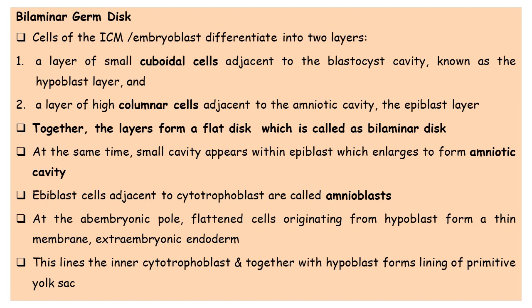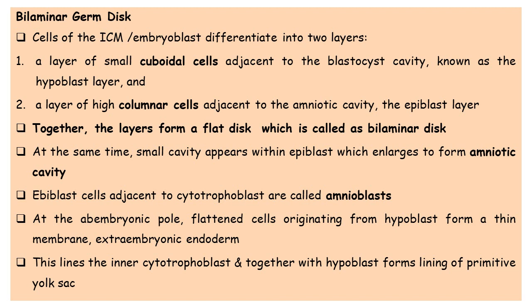All three germ layers are present in the trilaminar germ disc. So this is the structure. We call it the bilaminar disc, in which both layers, epiblast and hypoblast, are already formed. At the same time, a small cavity appears within the epiblast, which enlarges to form the amniotic cavity. As we have talked in previous slides, the epiblast splits to form a cavity.